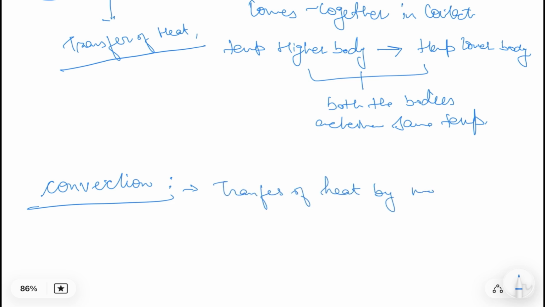By the movement of mass from one place to another, like convection current.